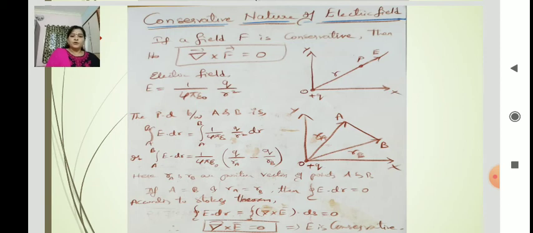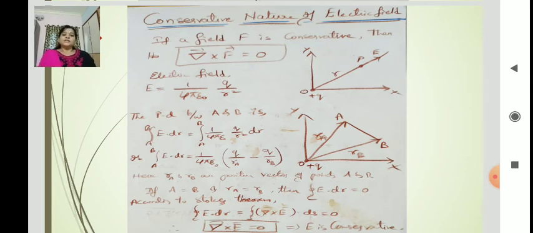We assumed an electric field at point P due to a positive charge plus Q, and found the electric field intensity as 1 by 4 pi epsilon naught q by r square. Then we assumed two points A and B and found the potential difference between them. We derived the relation between the potential difference and the electric field intensity: the line integral of the electric field intensity is nothing but the potential.